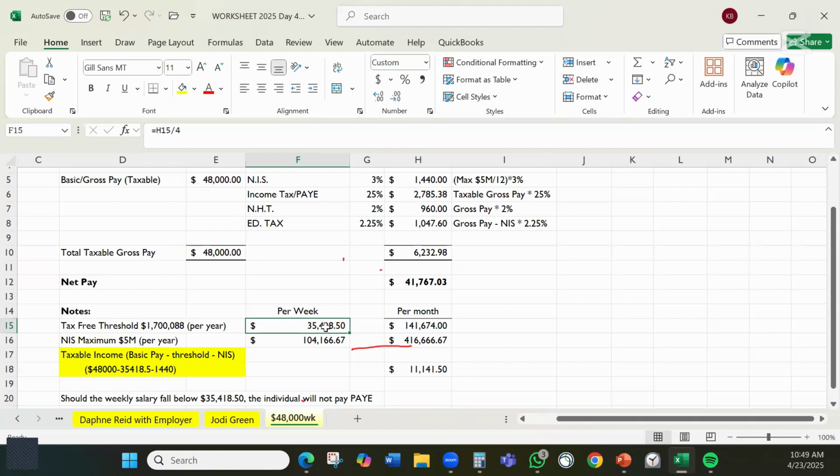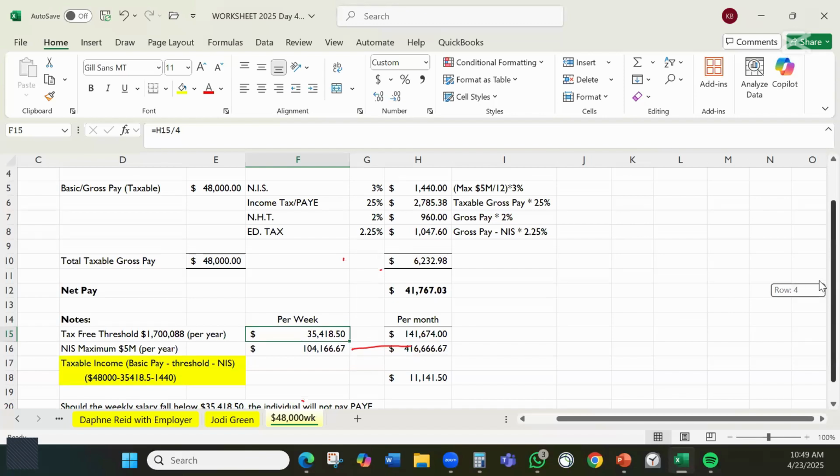All right. So you just need to be aware of what type of payroll you have the person on. So in this case, it would be the 48,000 minus the 35,418.40. All the other calculations would be the same. All right. So it is just a threshold that would be a bit different in this case.